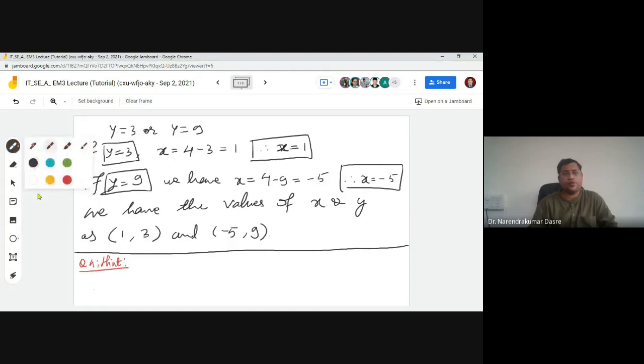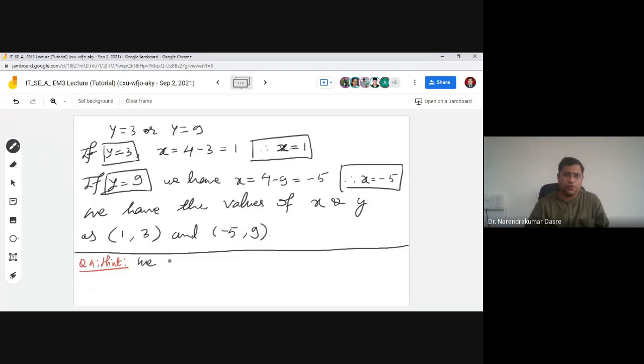We know how to verify the Cayley-Hamilton theorem. You get the characteristic equation, and then in the characteristic equation you put lambda equal to A, and then you show that the characteristic polynomial comes out to be 0. So we can say yes, the characteristic equation is satisfied, and the Cayley-Hamilton theorem is verified.